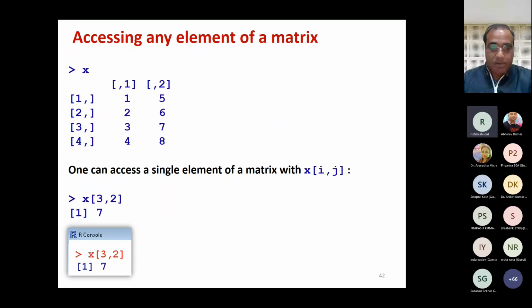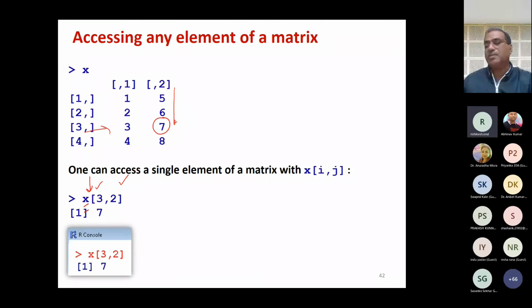Now in this matrix, if you really want to call any particular element, how can you do it? Suppose this is your X matrix, and you want to call the element in the third row and second column. You simply have to write down the name of the matrix object, X, and then inside the square brackets.